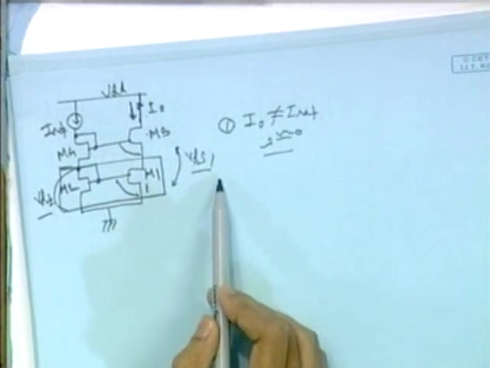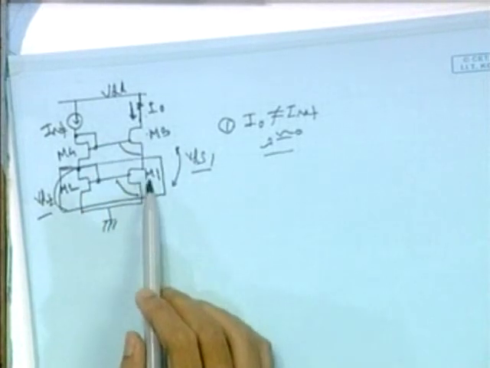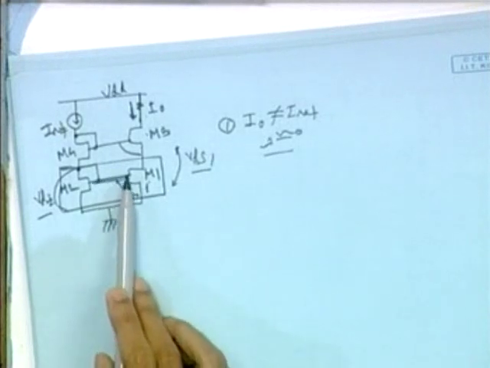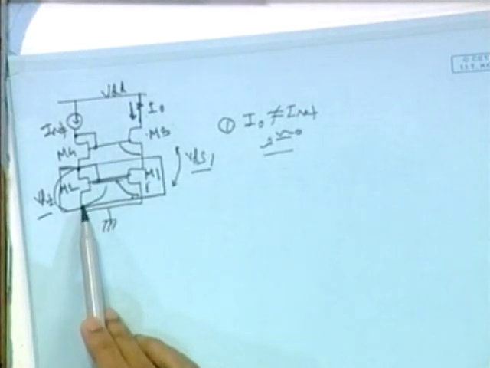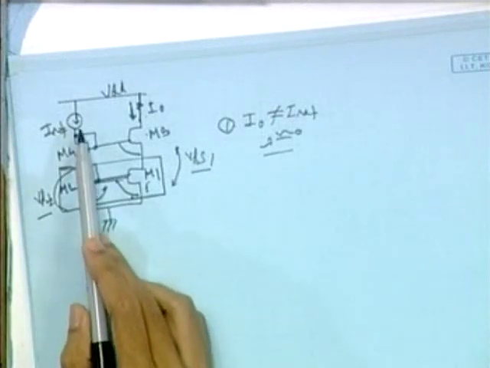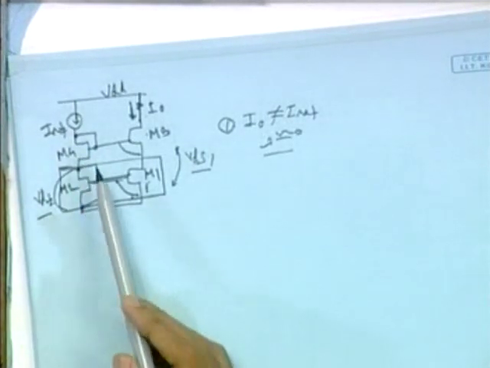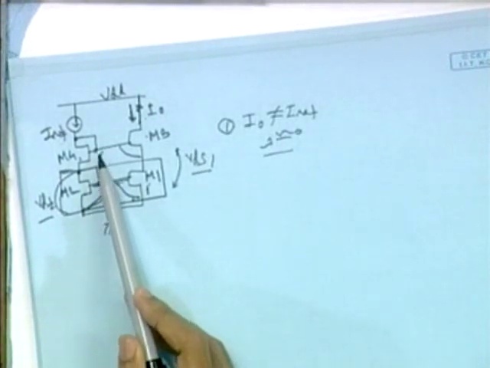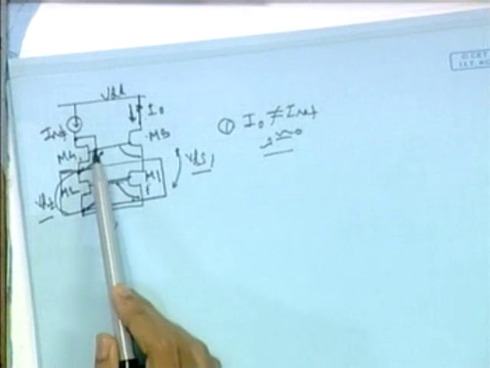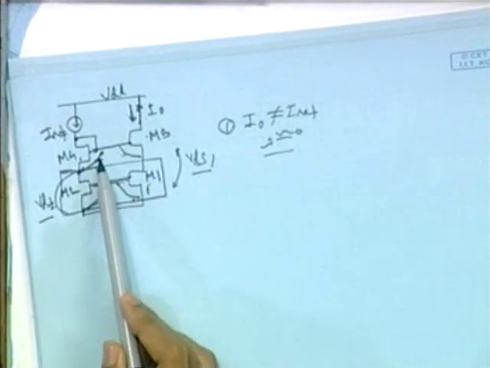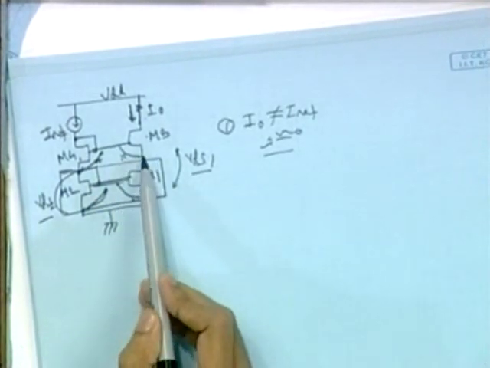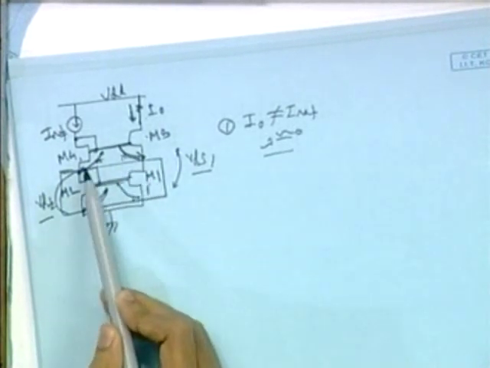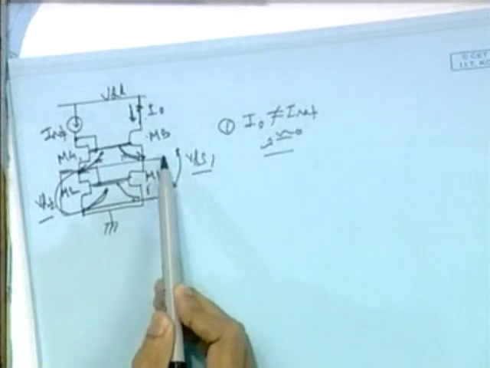If we assume W by L and VTH are the same for these two, VGS3 equals VGS1, and as it is shorted, VGS1 equals VGS2. The same current is flowing through M4 and M2, so VGS2 has to be equal to VGS4. So we get the same voltage, and this difference is also the same. So we get VDS1 equal to VDS2.